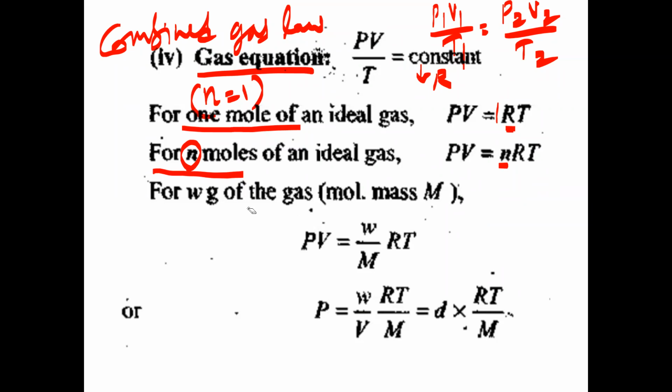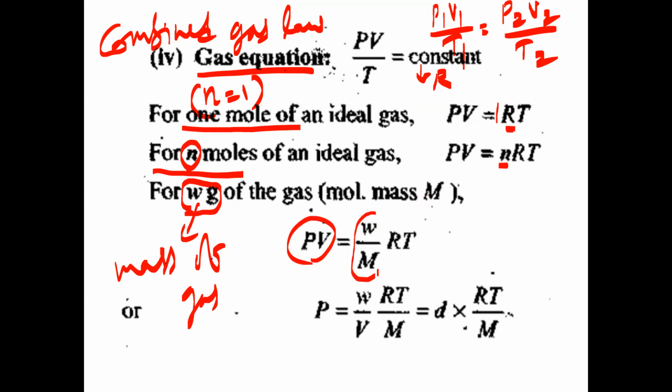Next, for W grams of the gas, here we are taking the weight, the mass of the gas. PV is equal to nRT.